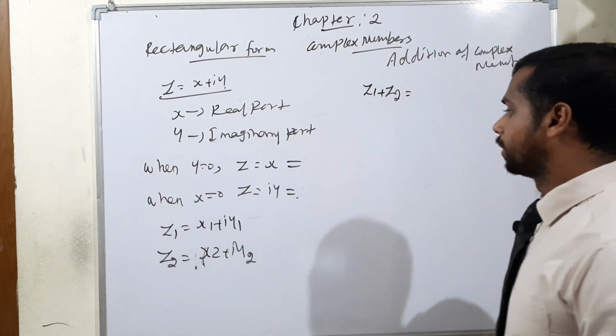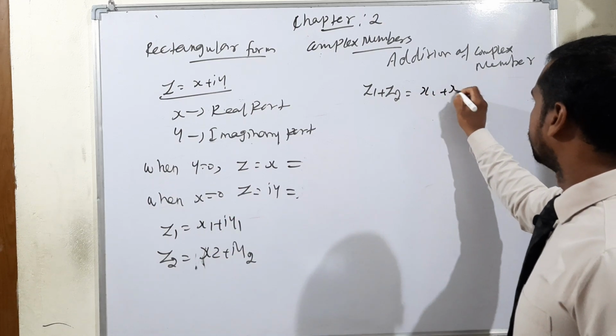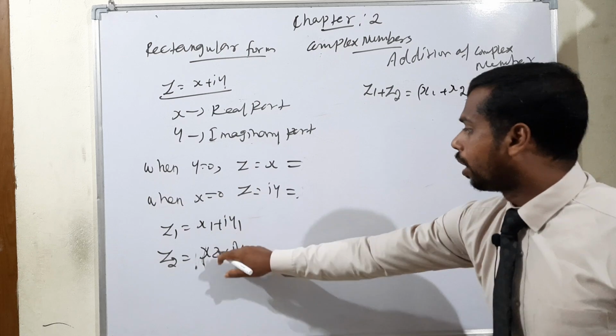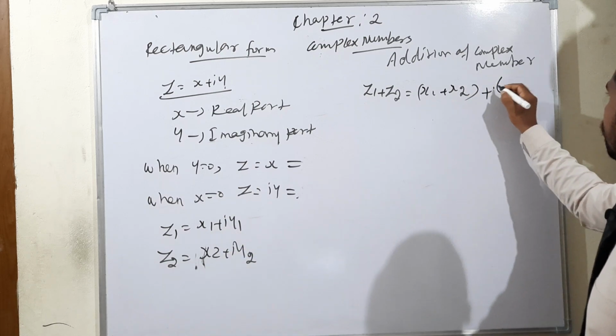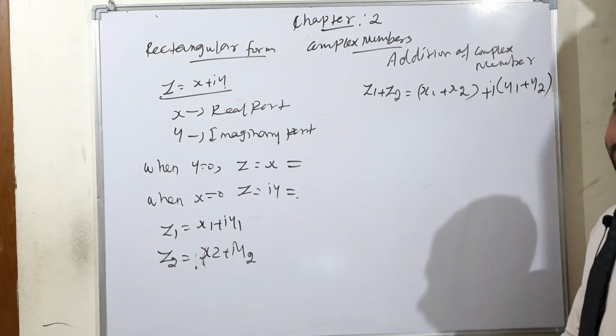Z1 plus Z2 is equal to definitely x1 plus x2, then I take i common outside, y1 plus y2. Isn't it?